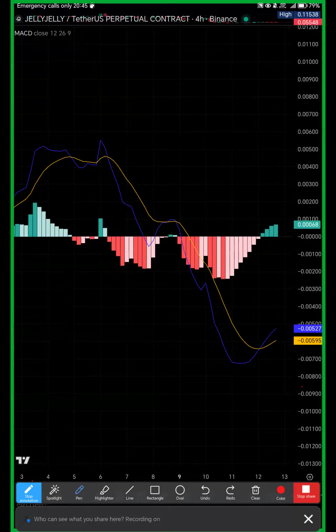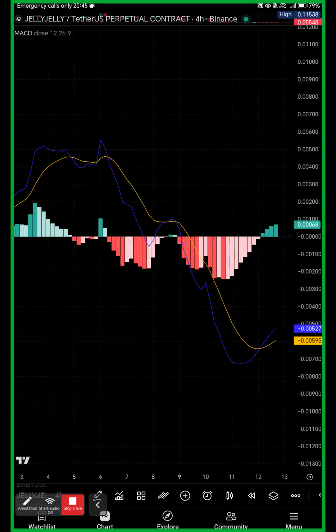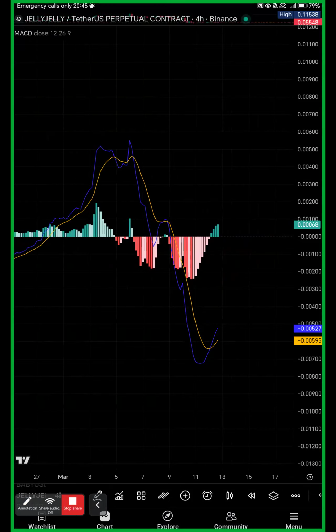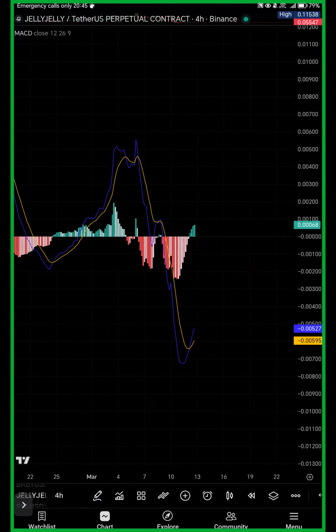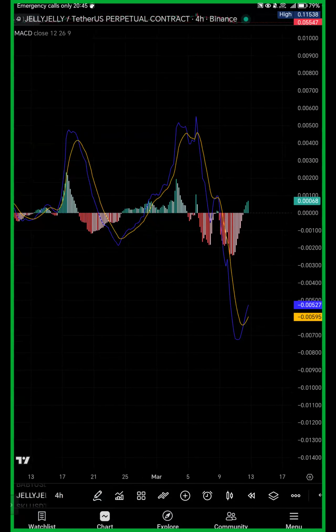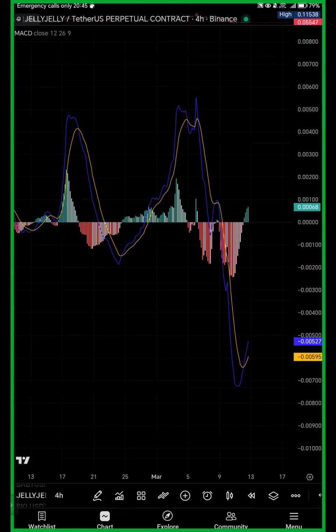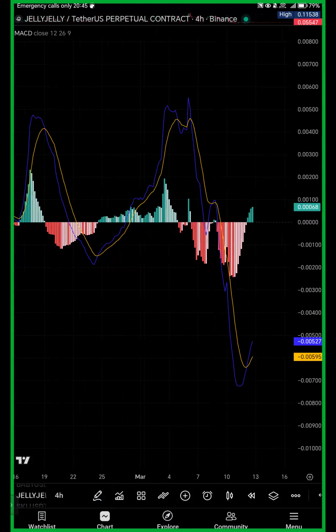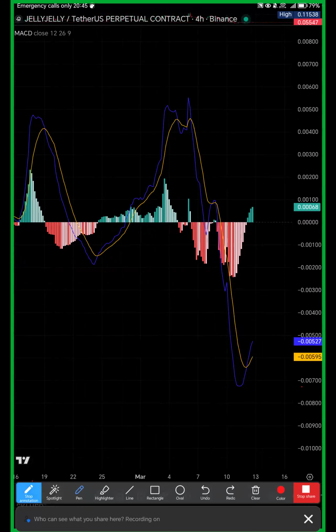So the blue line sometimes will cross the orange line. Let me put it this way. Let me bring it here, as you can see. The blue line will cross the orange line. Can you see what happened here? It will cross the orange line and go above it. It will start moving above it, and the orange line will be below it.